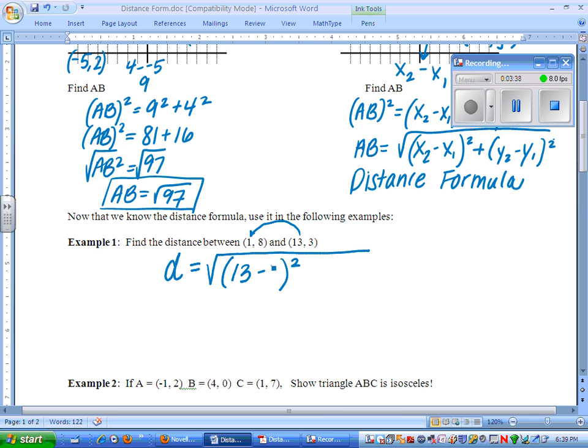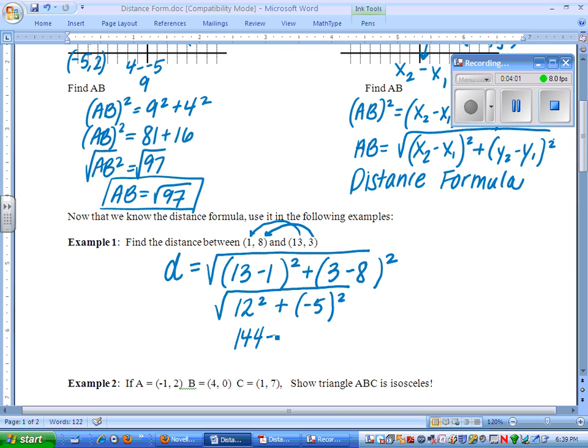So 13 minus 1 are the x values, and for y, 3 minus 8, and remember to square it. Parentheses go first, order of operations, so I'm going to take 12 squared and negative 5 squared. After parentheses go exponents, 144 plus 25. Take the square root of 169, and my distance is going to equal 13.